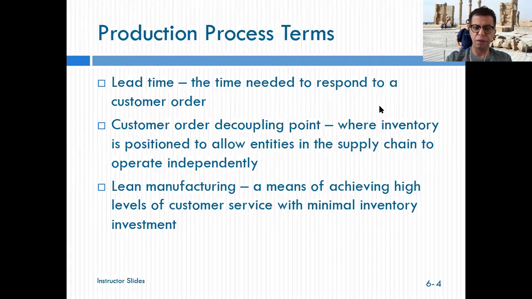Lean manufacturing is a process of ways of achieving a high level of customer service with a minimum inventory investment, as we said in the first few classes, something like just in time. It's one of the lean manufacturing processes.